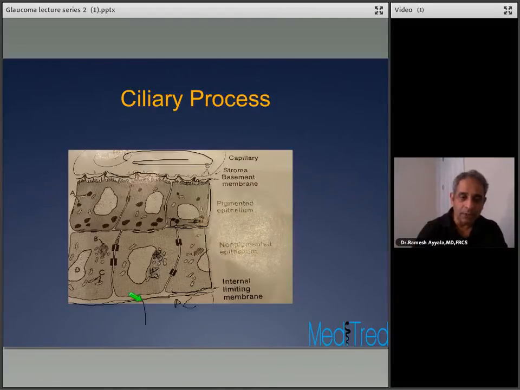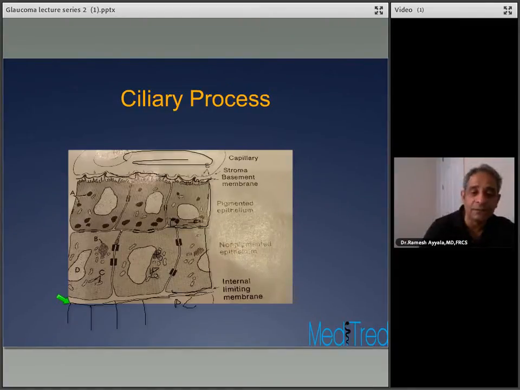Remember, the zonules from the lens are attached to the ciliary process. It's actually attached to this internal limiting membrane of the ciliary process. To support the lens, I would imagine you need to have a thicker internal limiting membrane. Otherwise, if it's too thin and flimsy, it can peel off. I mean, that's easy enough for us to understand. So this internal limiting membrane is a little thicker and sturdier compared to the internal limiting membrane on top of the retina.